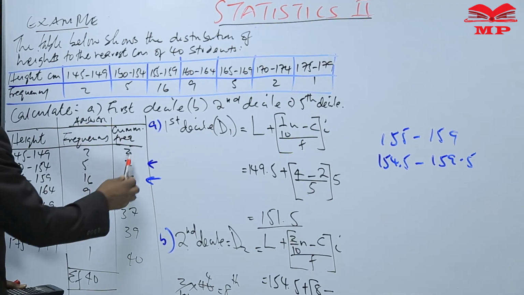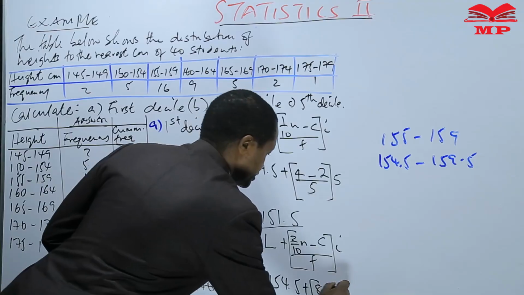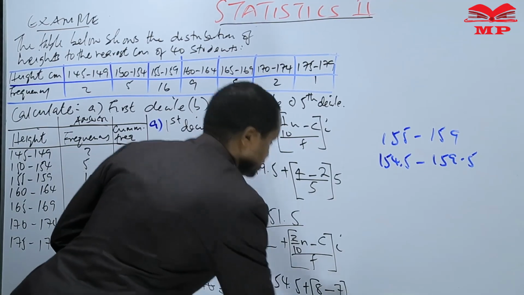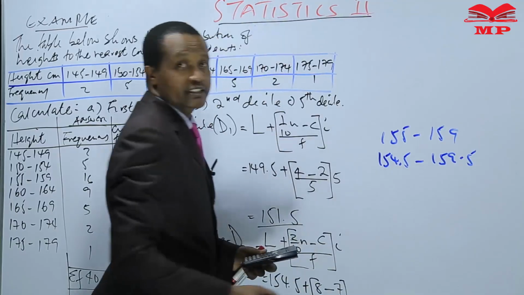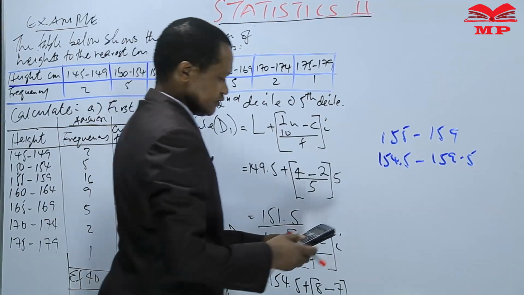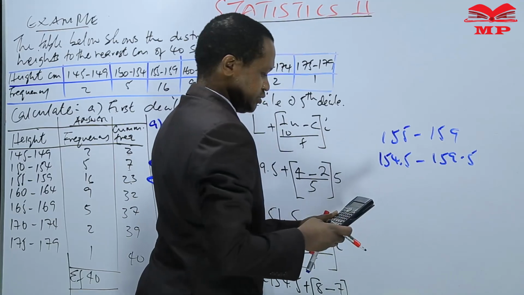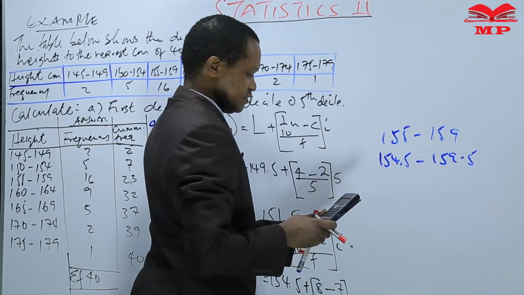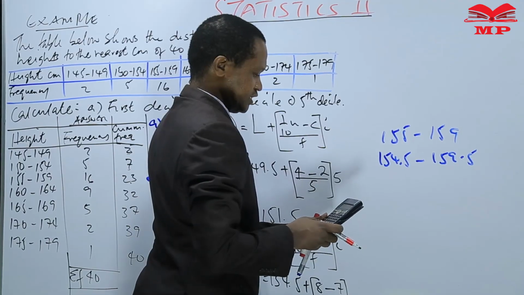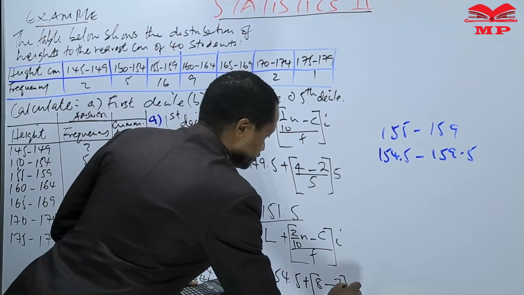The cumulative frequency preceding it is 7, so 8 minus 7, times the class interval. The class interval is 159.5 minus 154.5. This is equal to 5.